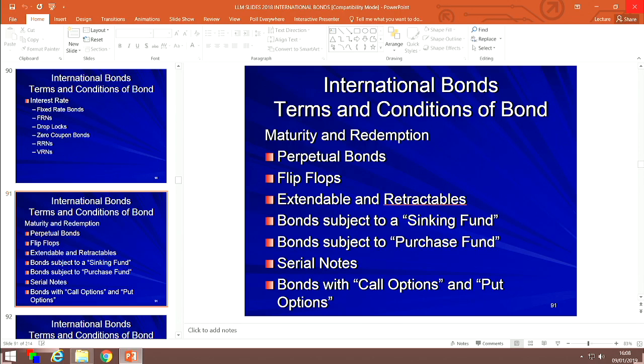But there's a whole number of alternative provisions in bond instruments which actually provide for different forms of redemption. In particular, there are those bonds where the redemption of the face value of the bonds is subject to repayment in installments or according to a schedule prior to redemption date.